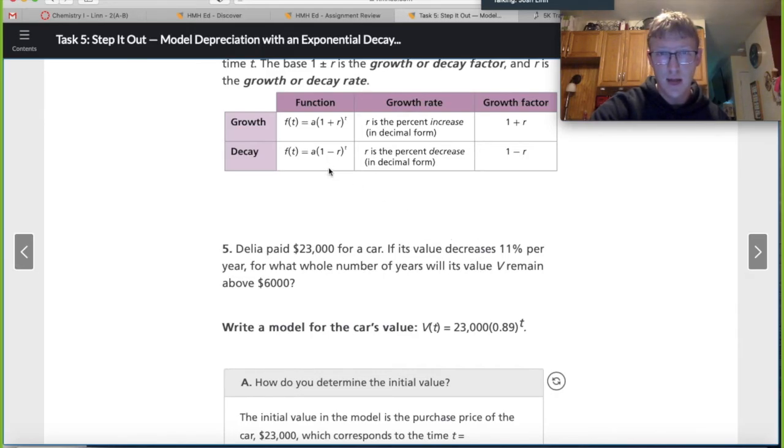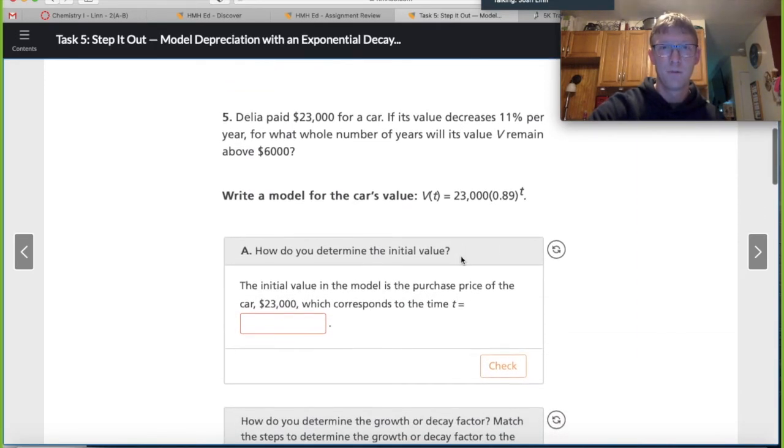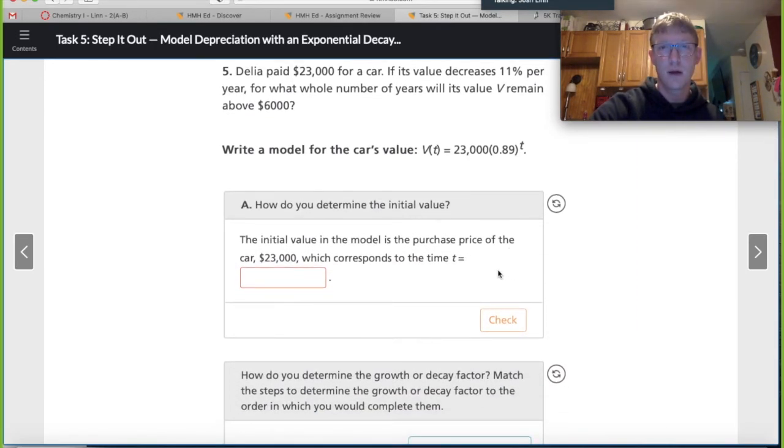So we're looking at a decrease, so it's a rate of decay. So that's going to be 1 minus R, where R is 0.11 or 11%. So then we've got 0.89 left, and then raised to t. Okay. So the initial value of the model, the purchase price of the car, was that, which corresponds to t equals 0.